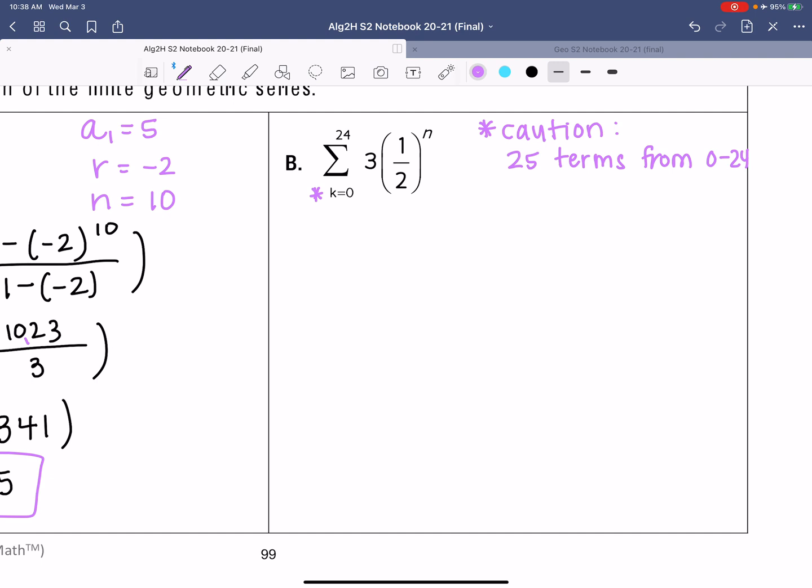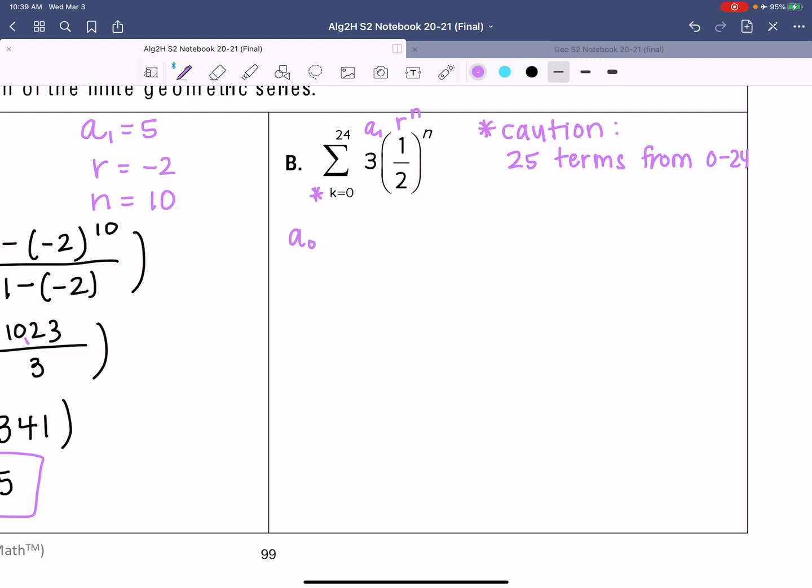Okay, but again, this is still my A1, this is my R to the nth. And that's why it's no longer n minus 1 power, because now n is starting with 0. So technically it's now A of 0, which is still the first one.